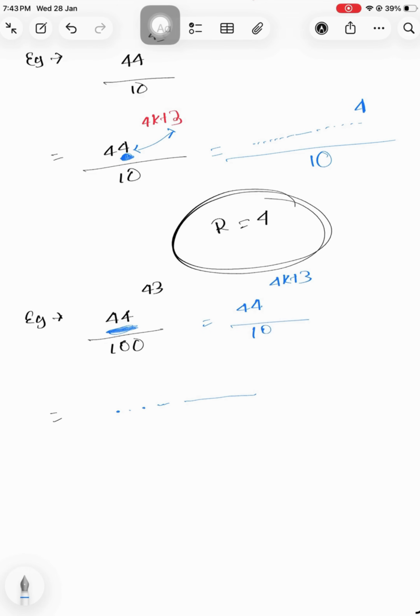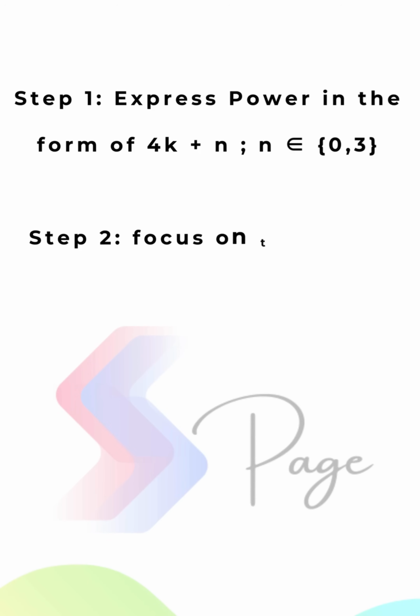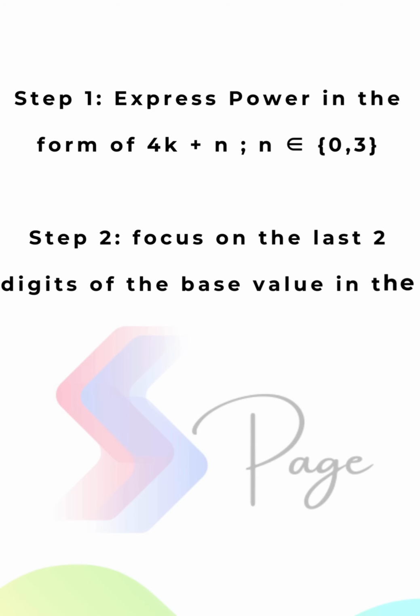Now let's try to apply a similar type of problem statement wherein there's a slight difference. Now for the second problem statement, which is 44 raised to the power 43, this time in the denominator it is not 10, it is rather 100.